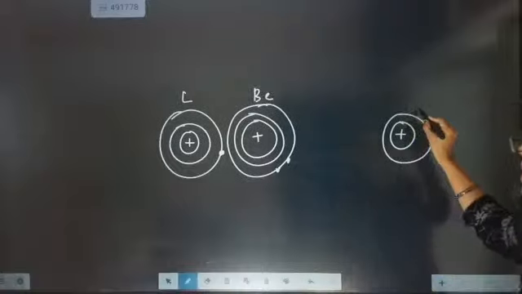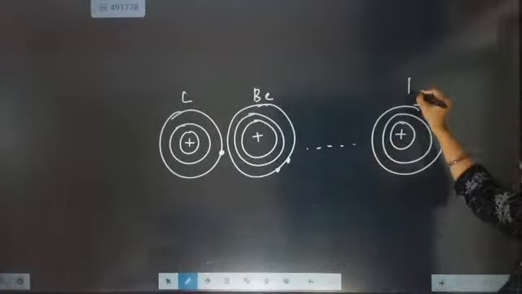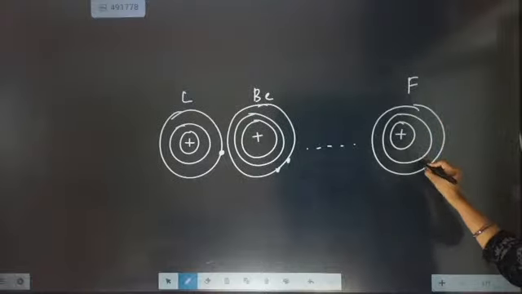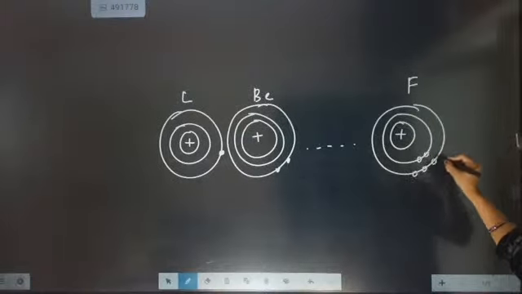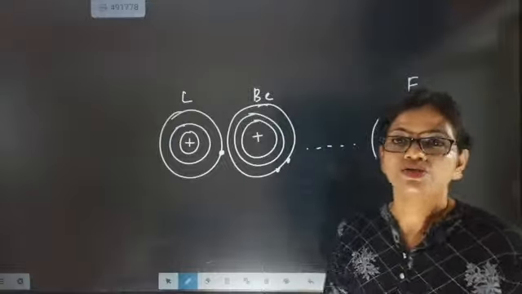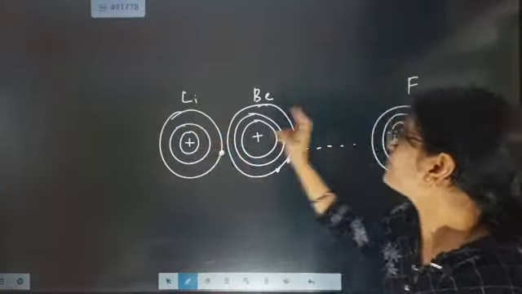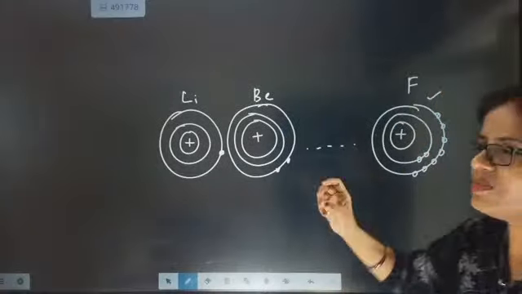Now fluorine, what happened? Same orbit. When I am talking about fluorine, the outermost orbit has 1, 2, 3, 4, 5, 6, 7 electrons. So compared to the size of lithium, we are seeing that fluorine size will be a bit small.